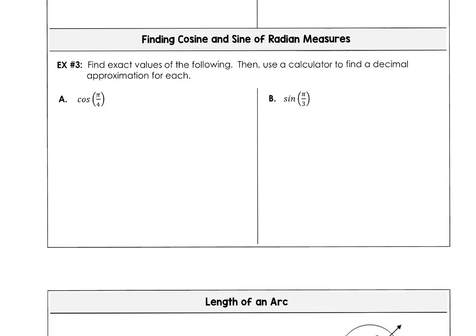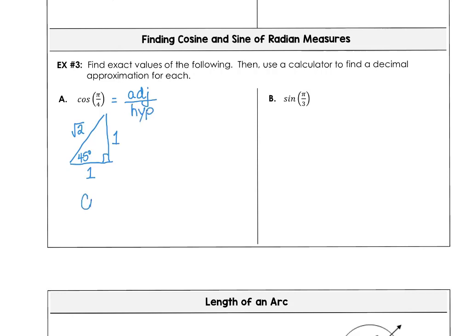In example 3, we want to find the exact value of cosine of pi over 4. So cosine of pi over 4, we know pi over 4 is a 45-degree angle, and the side measurements for a 45, 45, 90 are 1, 1, and square root of 2. We also know cosine is the side adjacent our angle of interest divided by the hypotenuse.